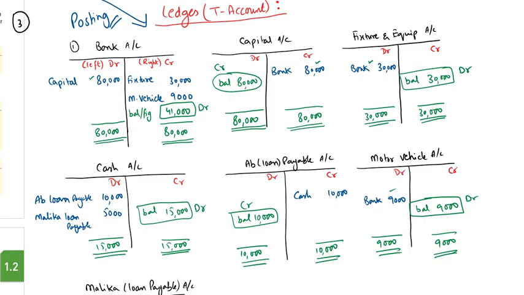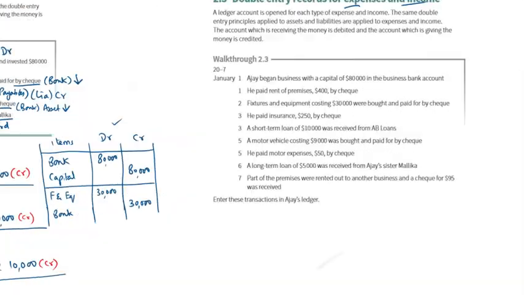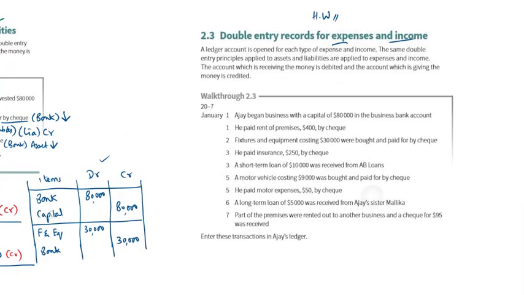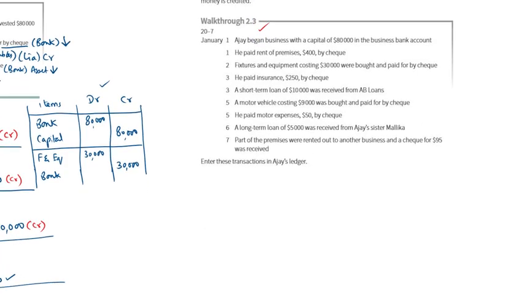Any question at this point? No, sir. Okay. Now this is your homework. You have to use this business transaction. You have two requirements.